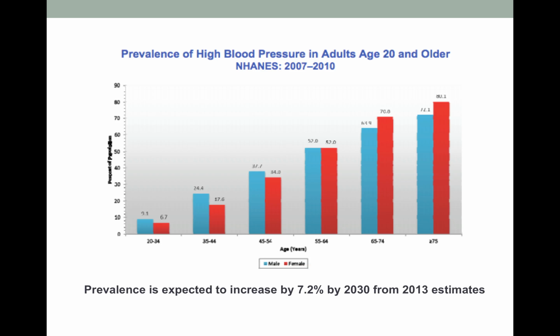I know it's not very easy to read, but we see on the x-axis we have age in years, and we have age groups, so everywhere from early 20s, early 30s, all the way up to greater than or equal to 75 years of age, and then percent of the population on the y-axis. Males are in blue, females are in red, and just like we talked about with the gender or sex differences in cardiovascular diseases, we do see that men have a higher prevalence of high blood pressure until the age where menopause seems to hit for most women.